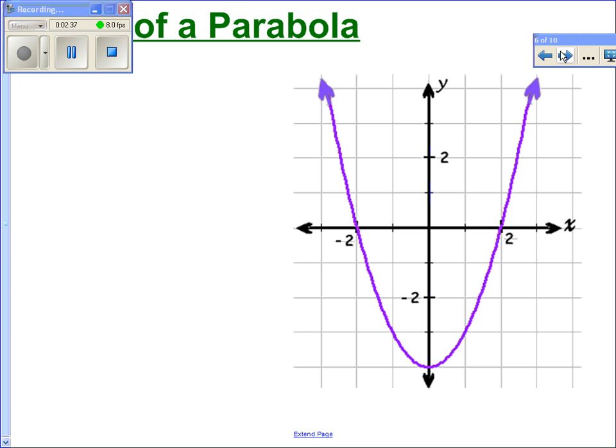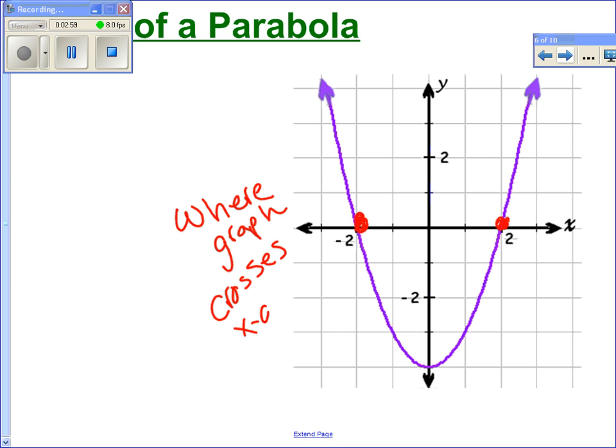All right. The next thing has to do with the roots. So the roots are found where the graph intersects the x-axis. So where the graph crosses the x-axis. Okay, I'm just going to turn that so it's a little straighter.